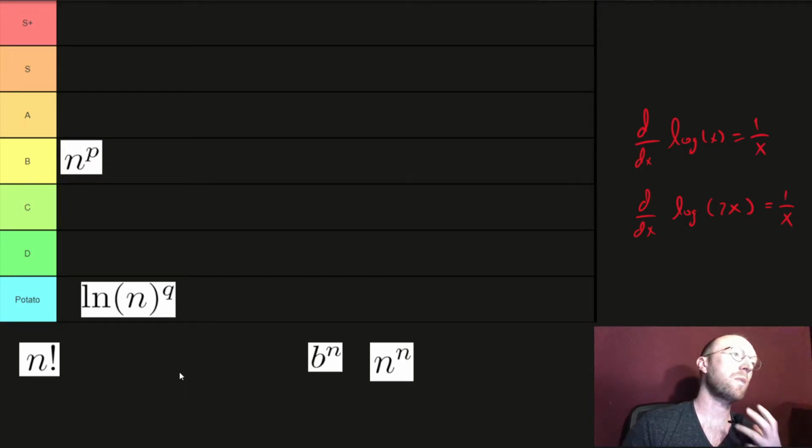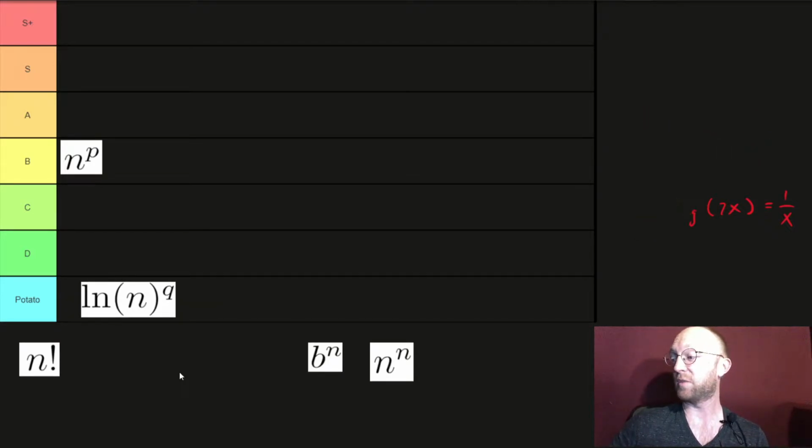Its job is just to kill growth. It goes up to infinity, yes, but horrifically slowly. What's really surprising is that you can take any power of log.